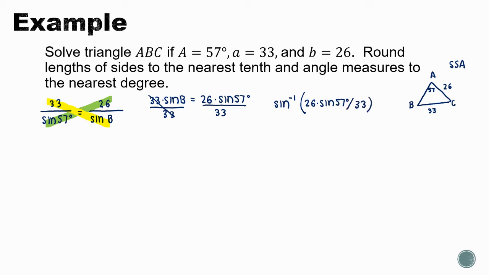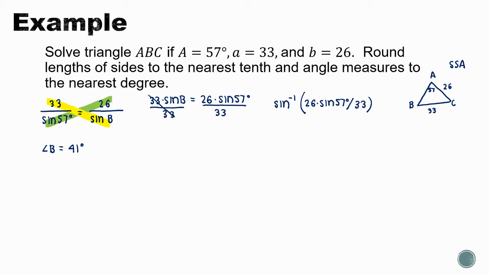So that's how we want to type that into the calculator. Second sine, 26 times the sine of 57. Make sure you close the parenthesis for that angle of 57. Divide by 33, and it gives us the measure of angle B, because that's what we were finding. Since it says round to the nearest degree, it was 41.358, so it turns into a 41 degree angle.